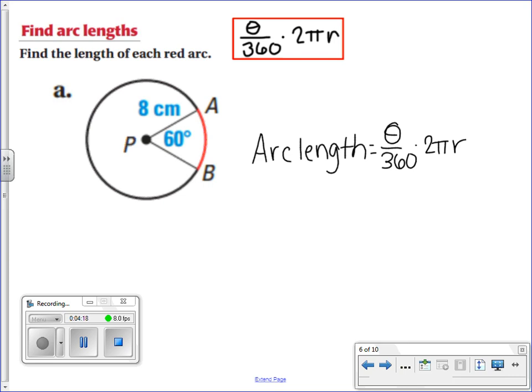I'm going to use this equation because it does give me the radius of the circle. So let's plug in what we know. Theta is the degree measure, and as you see, it's equal to 60 degrees. So 60, we're going to divide that by the entire measure of the circle, 360 degrees, times 2 pi, and once again, our radius is 8.